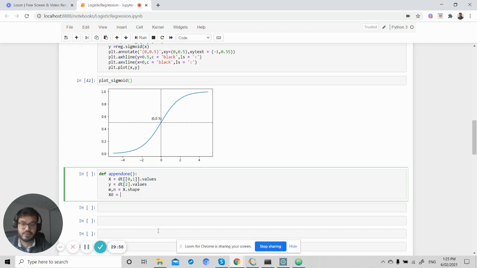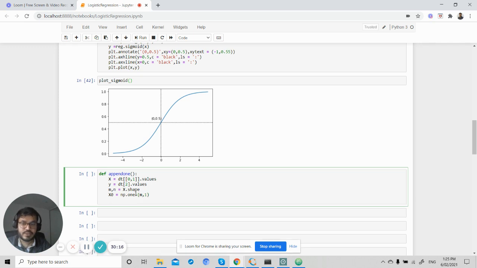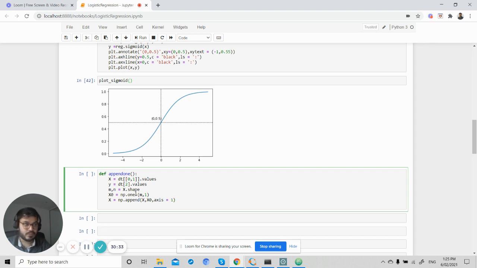X naught will be all ones. I've already told you. It will be ones of m comma 1. And I need to append this with my x variable, np dot append x comma x naught, axis equals 1, so that I can append it horizontally. I will return x comma y.